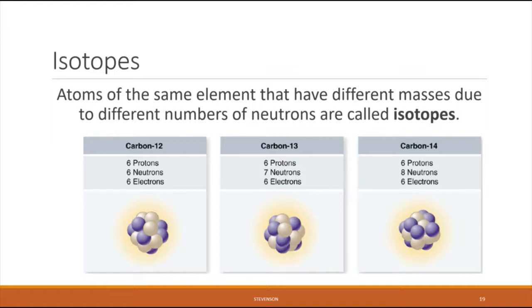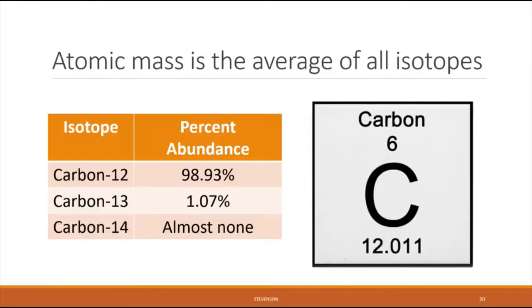So 3 known isotopes. We saw on the periodic table that the average atomic mass of carbon was 12.01. And so it makes sense that when we look at the carbon in the universe, 98.93% of it is carbon-12.